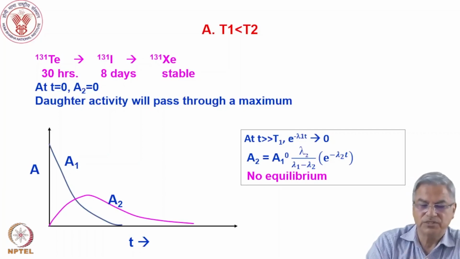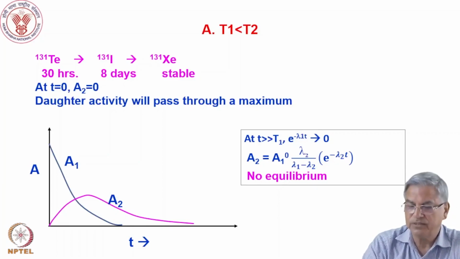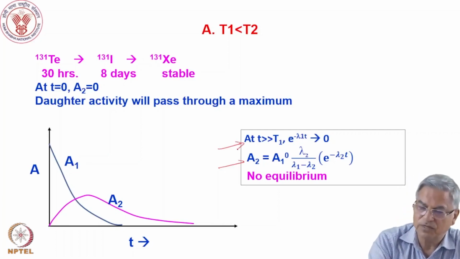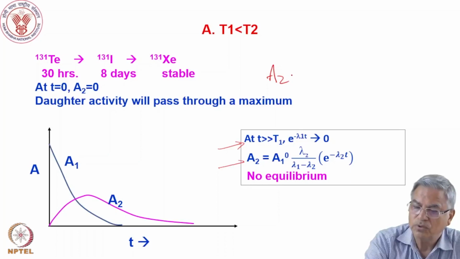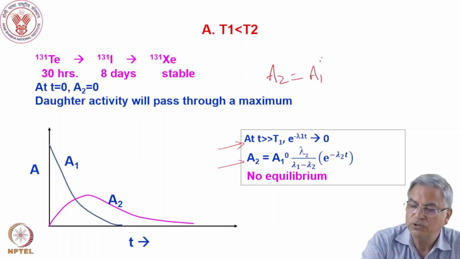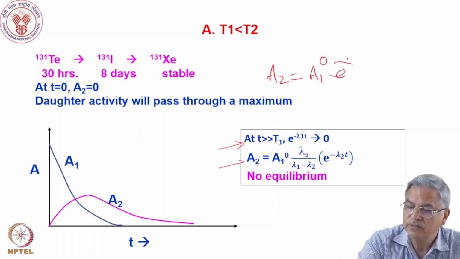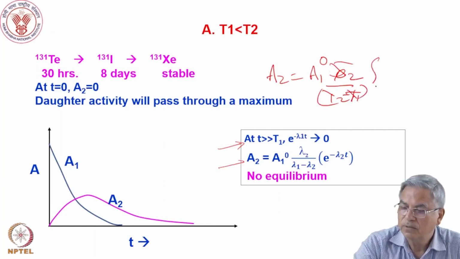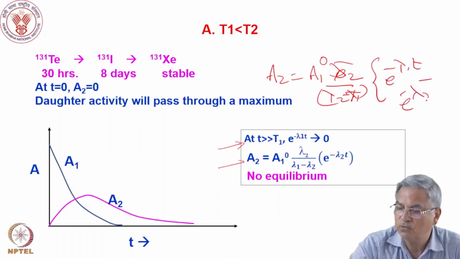In such situations, if you see the activity profile of a daughter product, what will happen? So what was the general equation? A2 equal to A10 lambda 2 upon lambda 2 minus lambda 1, times e raised to minus lambda 1 t minus e raised to minus lambda 2 t.